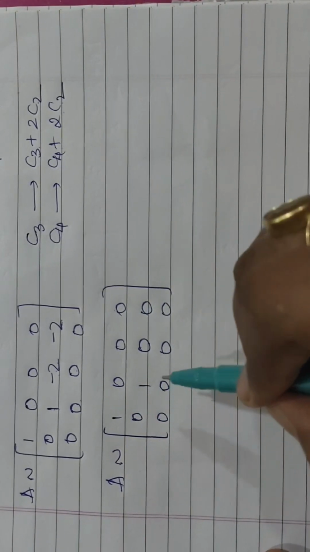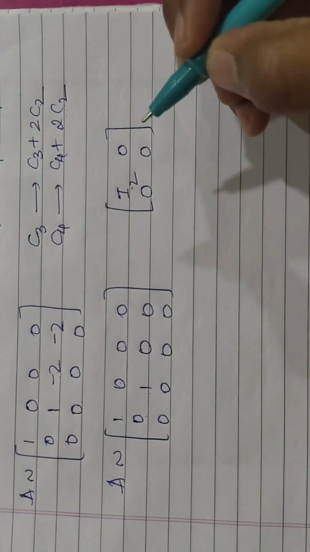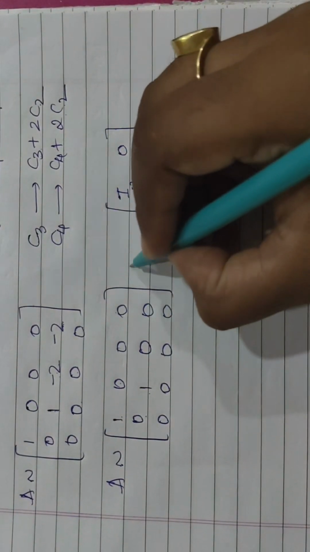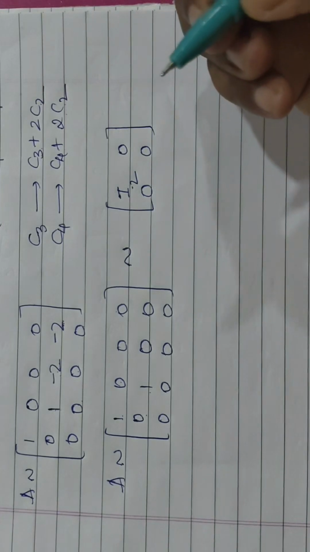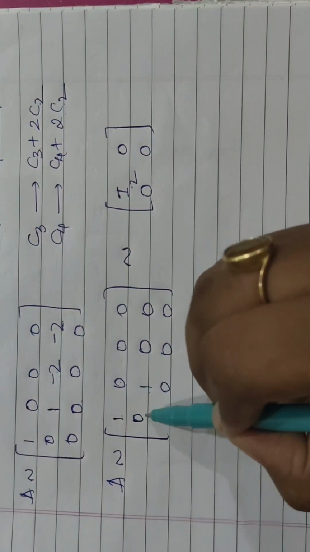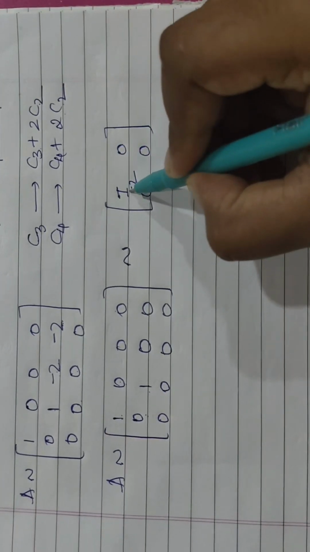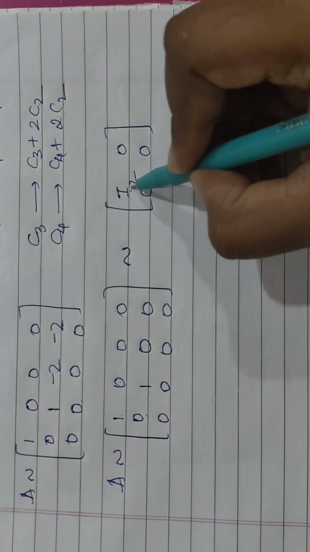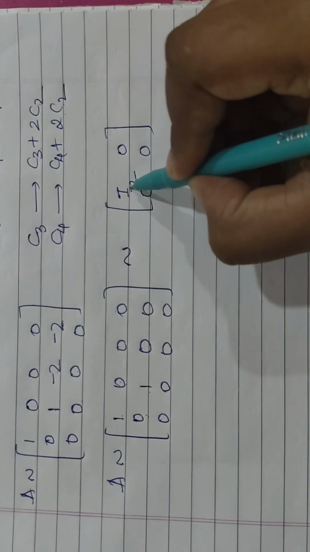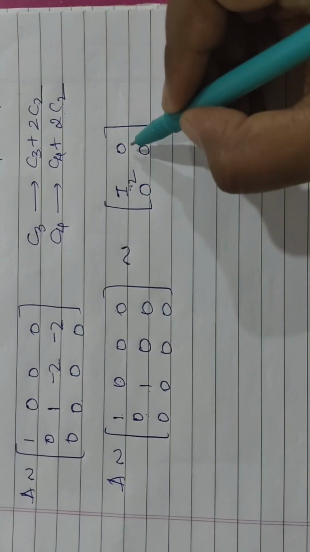So now the given matrix is reduced to normal form. Okay. So I can write this is equivalent to this, because I am having 1001, which is similar to this I2. I2 means identity matrix of 2 cross 2. Okay. And now here and remaining side we are having 0.